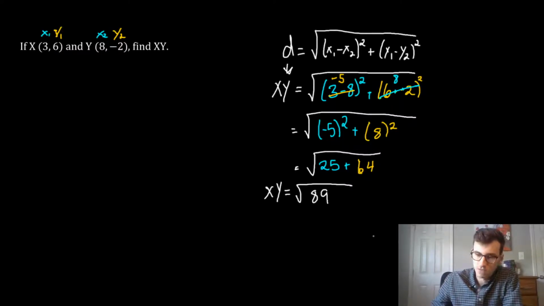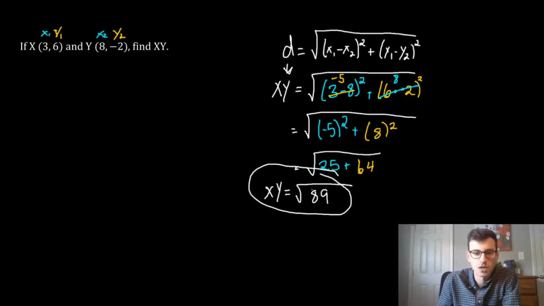So that means my final answer, since 89 is prime, is that XY equals the square root of 89. Pretty straightforward. You take your 2 points, substitute them into the distance formula, and then find your distance.